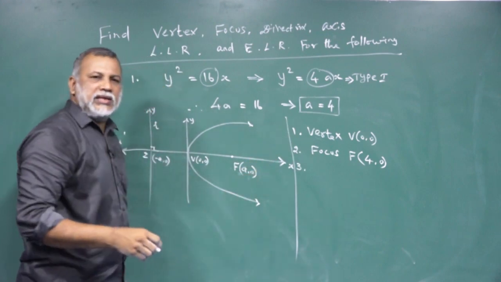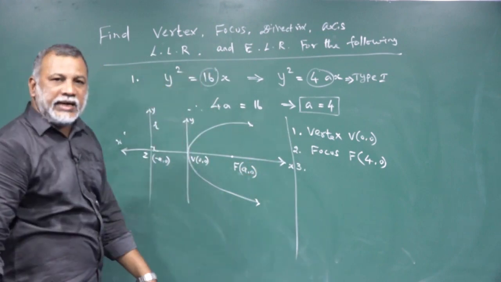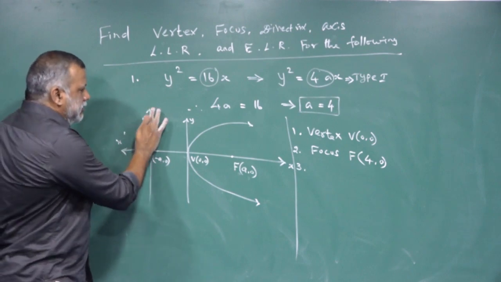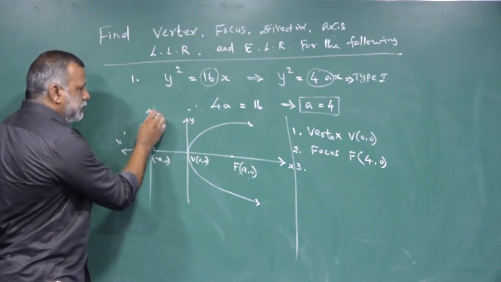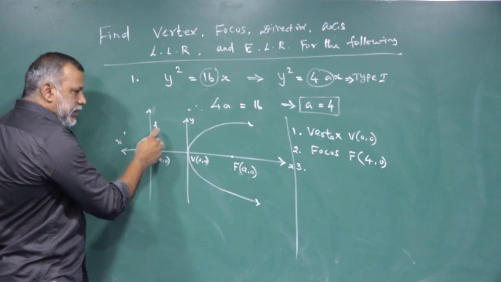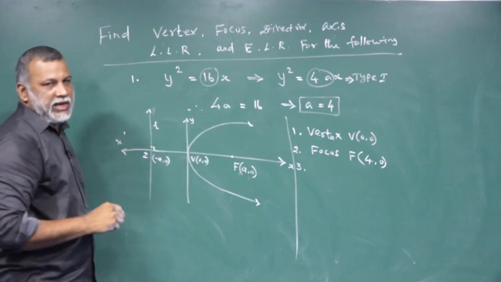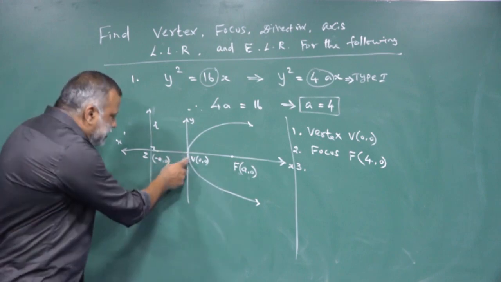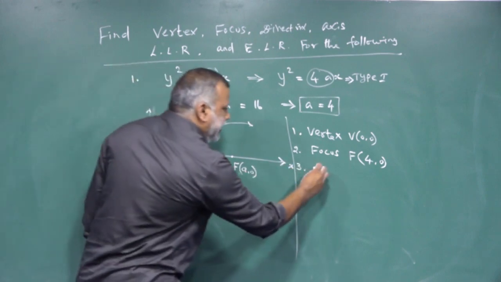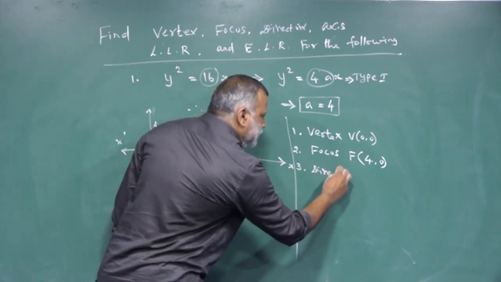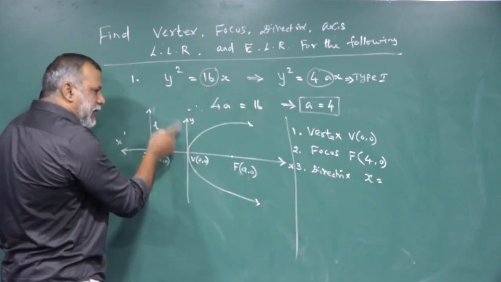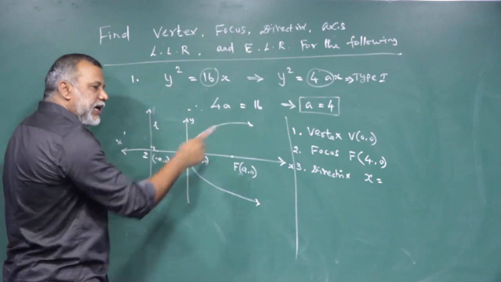Number 3, the third question is directrix. This is the directrix, this line L. See here, this L is parallel to Y axis. Any line parallel to Y axis has its equation x equal to constant.